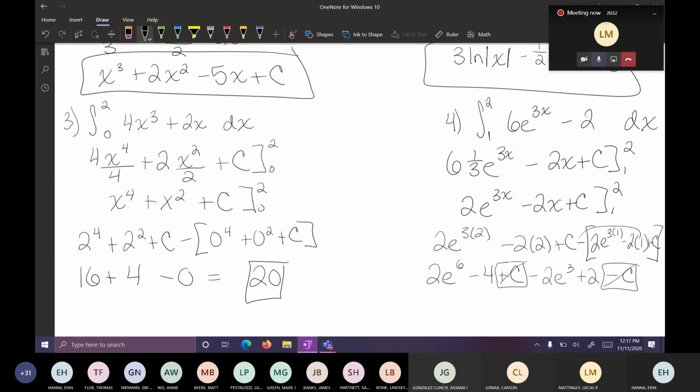I think I mentioned that, but I don't think I've ever written it out fully. That's why the c's always disappear: when you distribute the negative, you end up with c minus c in absolutely every definite integral you'll ever calculate in your life. So here, I would simplify the negative 4 and plus 2 to give me negative 2, and I would just leave it like that.